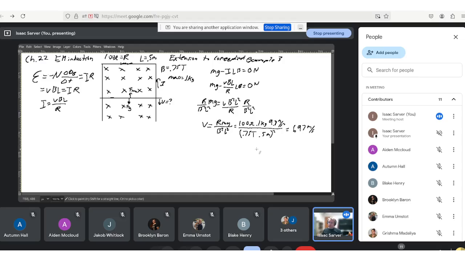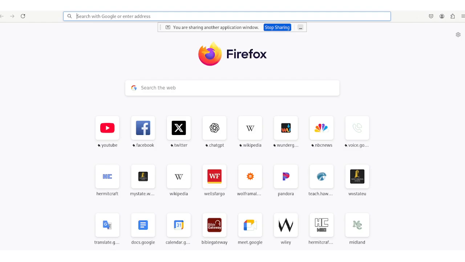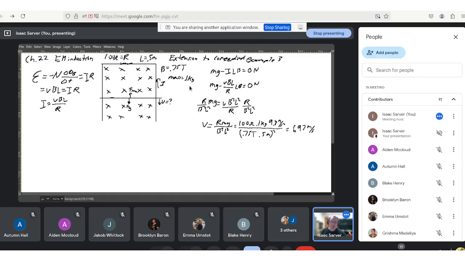Alright, let's see here. Let's double check our units, make sure things aren't being weird on me. I would like a new tab, preferably not in this window. Thank you. If we're going to check our units properly, like I said, I don't like memorizing these units.